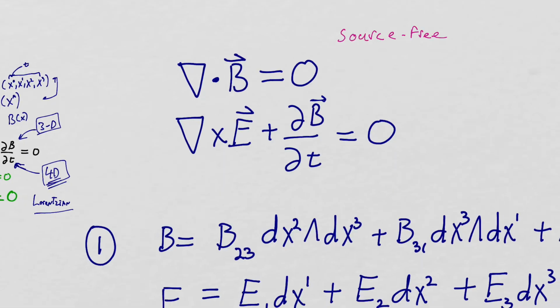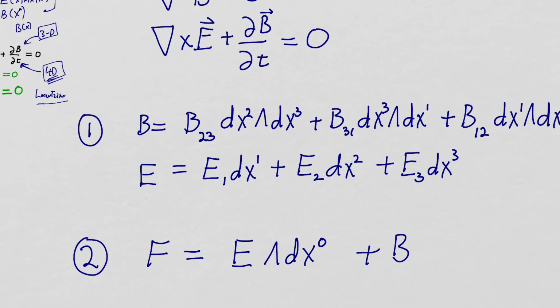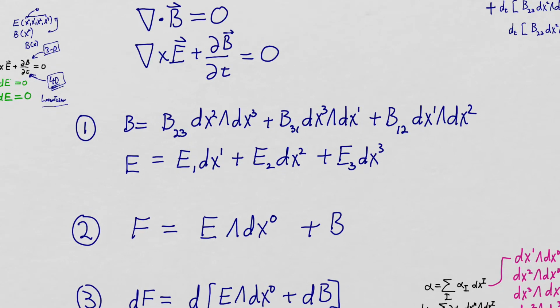So our first step is exactly the same step we took previously. We are going to begin by modeling the magnetic field as a 2 form. When we see the symbol B here, I'm not going to put 2 lines under it like I did in the previous lesson to emphasize that it was a 2 form, or 1 line to emphasize it was a 1 form.